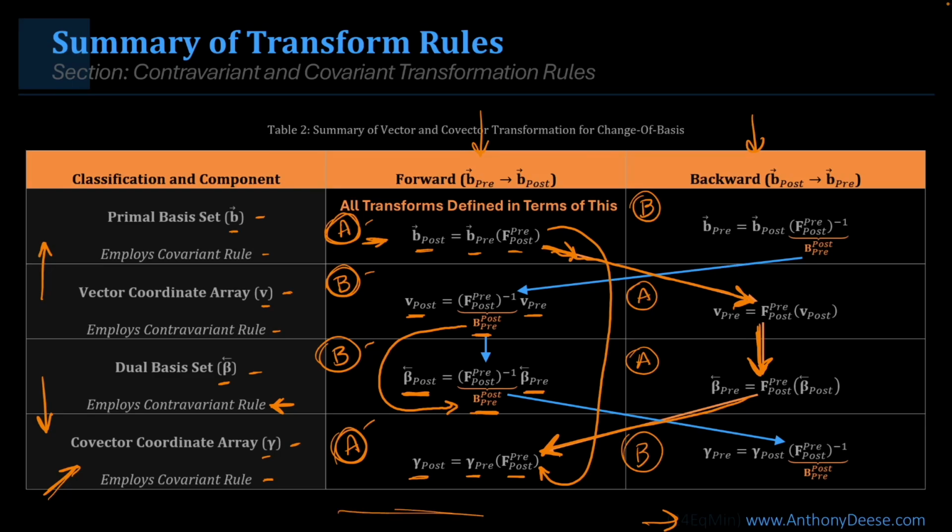So this table is one that I do recommend you take a second to look at. It does clearly explain a couple of things. Well, first, how do you apply the forward and backward transforms to both the primal and the dual vector? Second, it also does a very good job of explaining the role that the term covariant and contravariant rule or component, what that classifier means with respect to these transforms that we're using here.